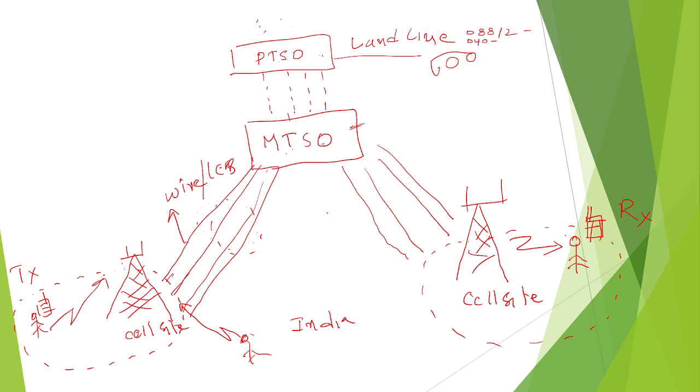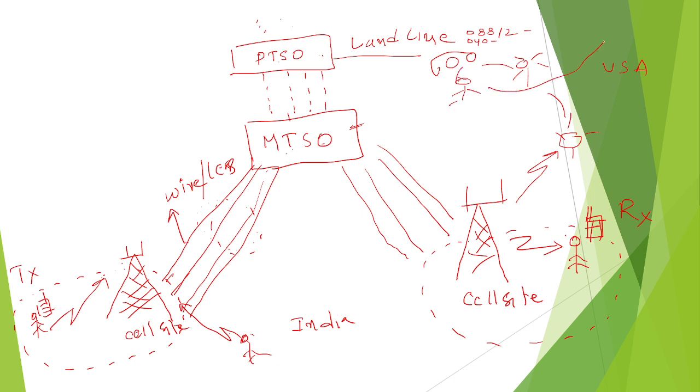Then the MTSO will find out the receiver address. For example, the receiver address is in USA. Then the call is connected to the nearest satellite, which the MTSO will find. Then the satellite passes it to another nearest satellite, and again to one more nearest satellite.